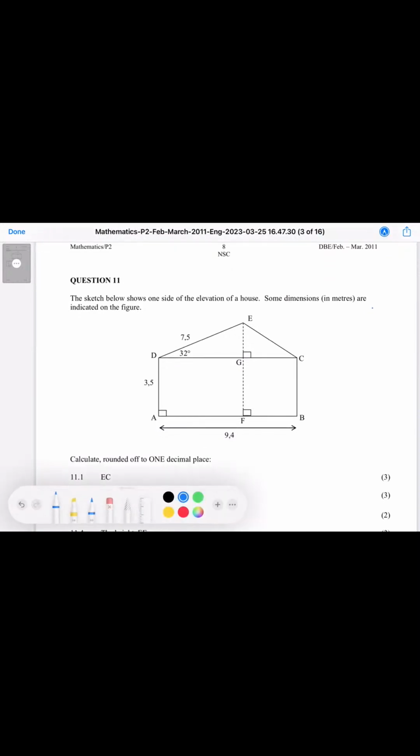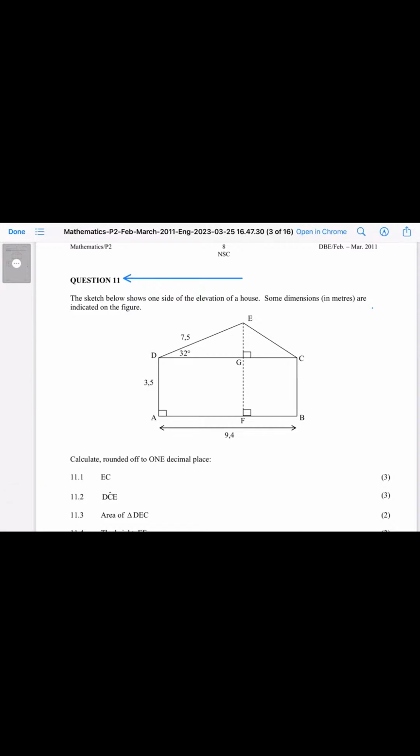So in today's lesson, this is what we'll be looking at, question number 11. What I'm going to do is read through the given statement, at the same time looking at the diagram, and lastly I'm going to take you through these questions.